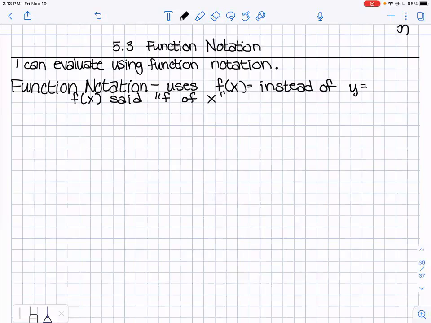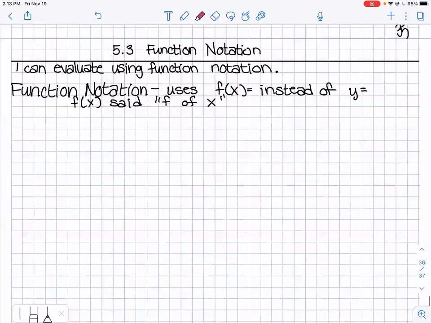It doesn't always have to be f. Sometimes people use g or h or whatever. All it means is a function of x. All that means is we're plugging in x, we get a number out. You could change out the f of x for y and it would literally be the same thing. But function notation will be used in the future, so they're just trying to get you to know what it is.